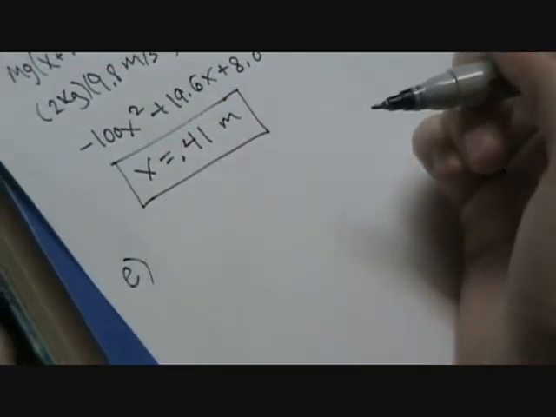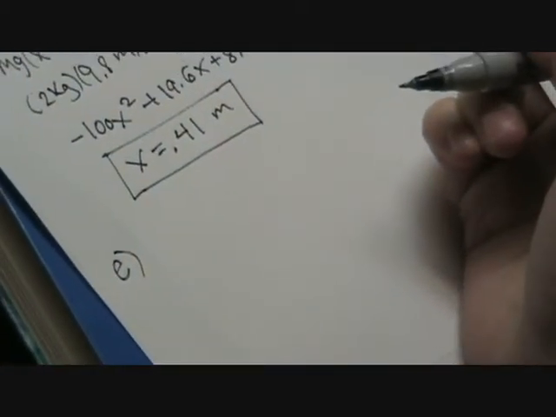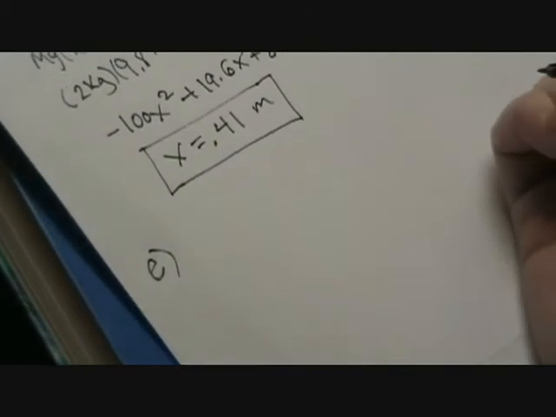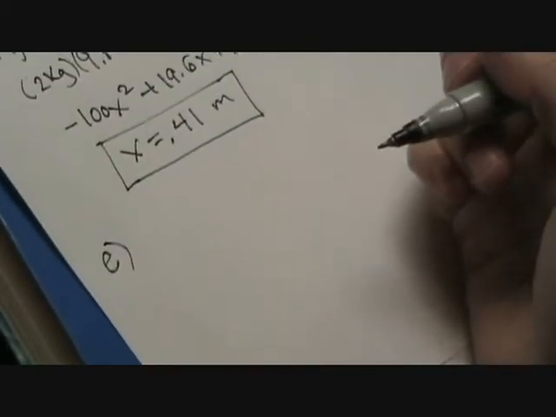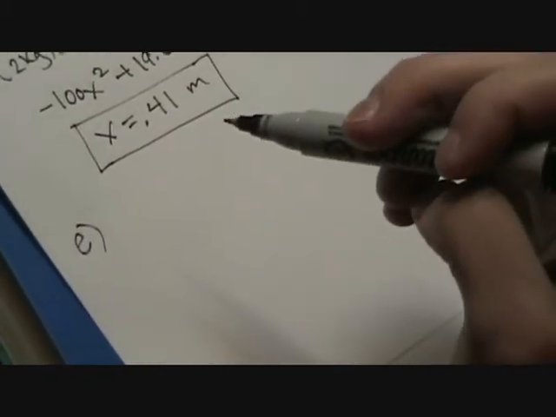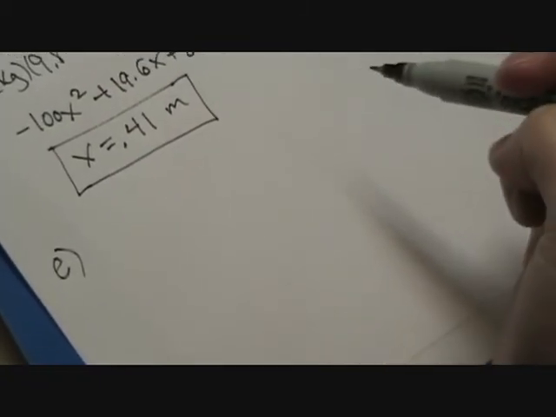Okay, so for part E, it asks to determine the amplitude of the simple harmonic motion. And for this, we're going to subtract the answer to C, which is 0.098 meters, which is also the distance compressed when v is at its maximum, from the answer to D, which was 0.41 meters, which is the distance of the maximum compression of the spring.